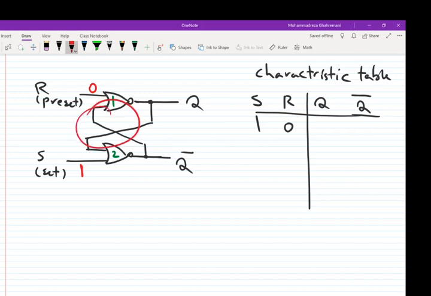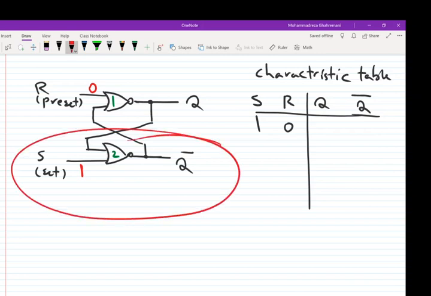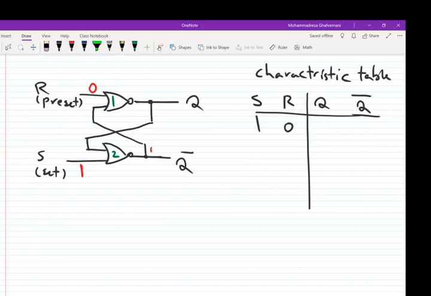We don't know the value of the other inputs of these two NOR gates, but one of the outputs can be determined immediately. Which output is known immediately based on the truth table of a NOR gate? We know that if any of the inputs is 1, the output is 0. So definitely Q bar is 0.